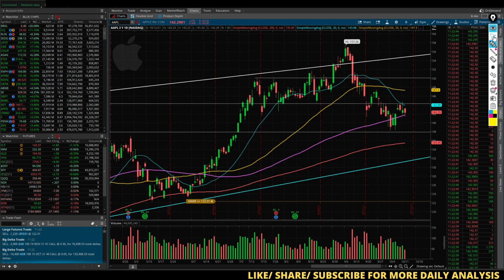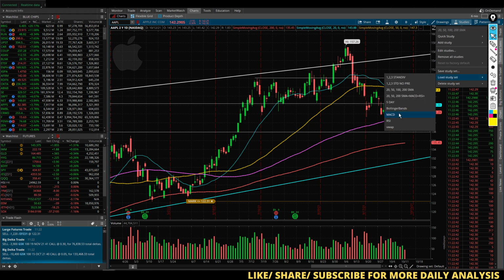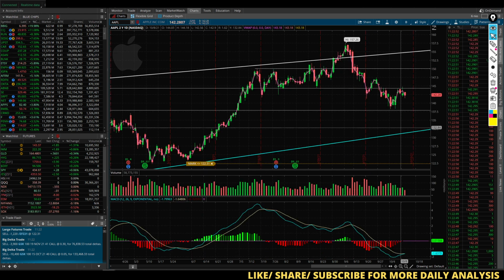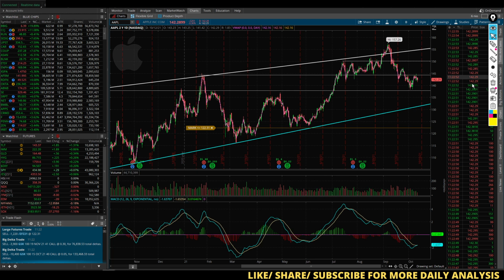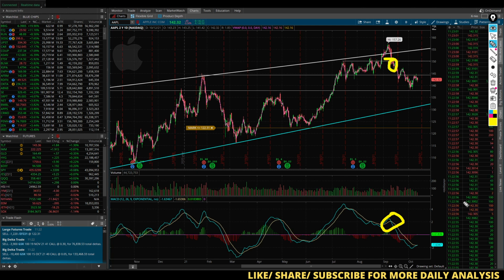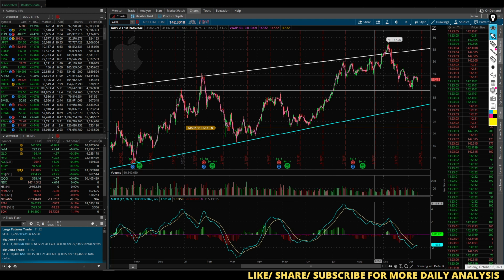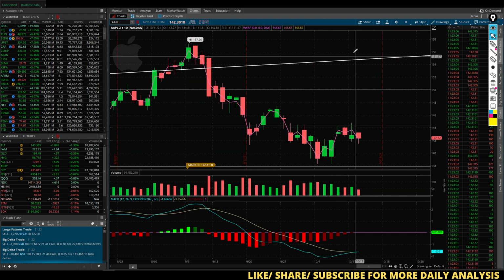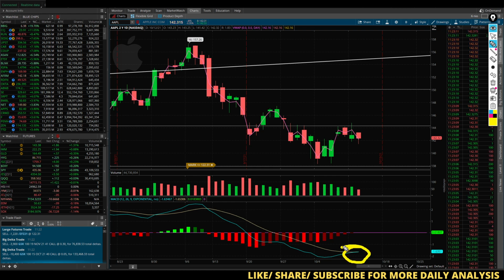So we talked about resistances and supports, and now let's take a look at the MACD and what's going on there. You can see it had this bearish crossover up here, and ever since we were selling off. Now if I zoom in a little bit, you can see that MACD is way below zero, but are we getting a bullish crossover here?